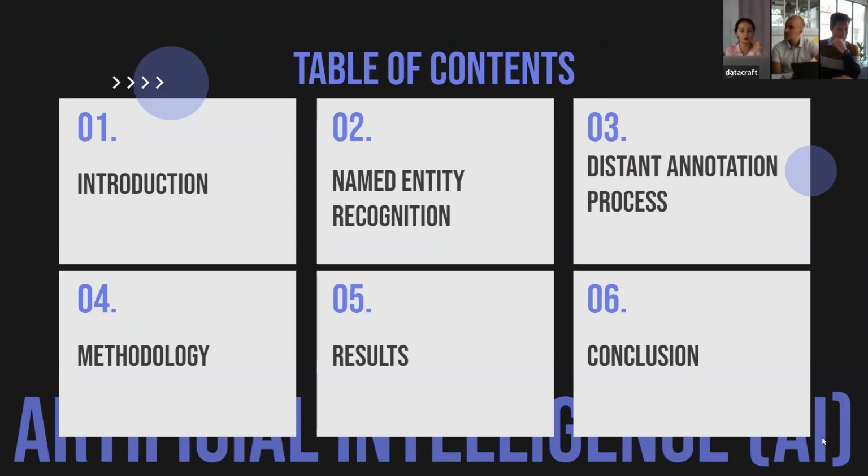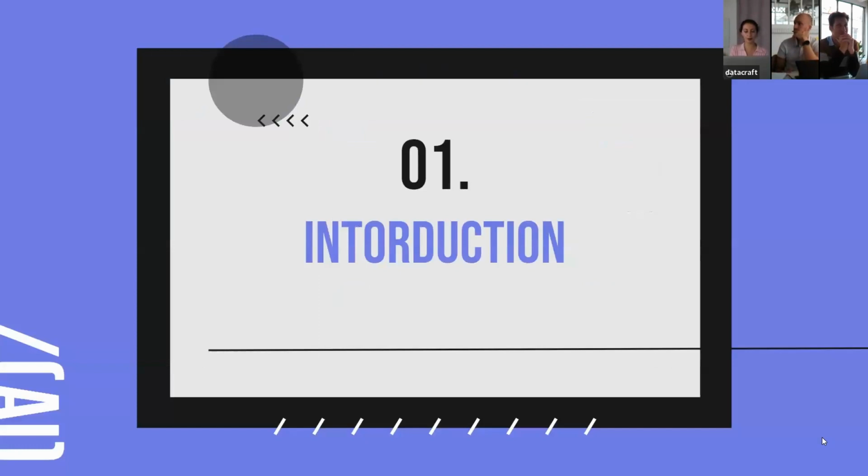And then we'll talk a little bit more about named entity recognition, and then I will present the distant annotation process that I have developed during this project, and then we'll go more about all the models that I have developed and the experiments I have launched in order to solve all the problematics that we faced, and then we'll go through the results of these experiments, and then we'll conclude on the results of the experiments. And then we can talk about if you have any questions, or we can discuss the results. So let's begin with the introduction.